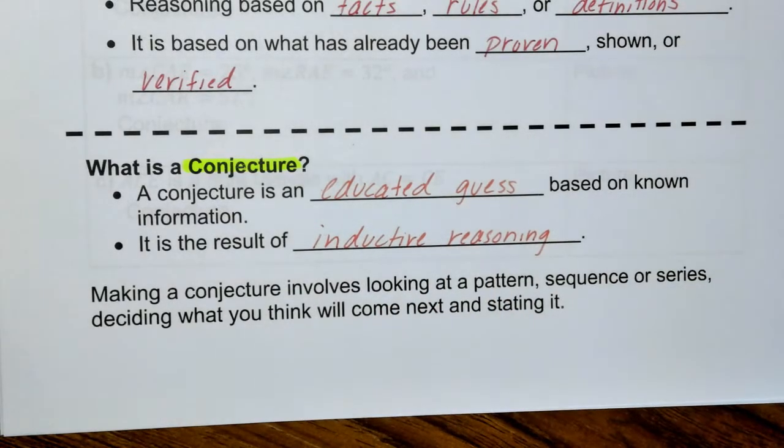Making a conjecture involves looking at a pattern, sequence, series, or design, deciding what you think will come next, and stating it. So we'll take a look at what conjectures involve.